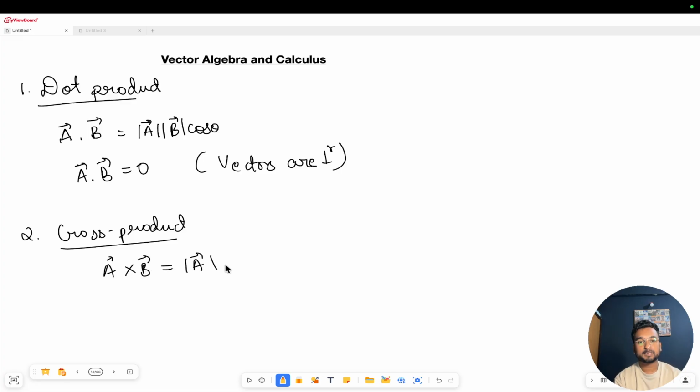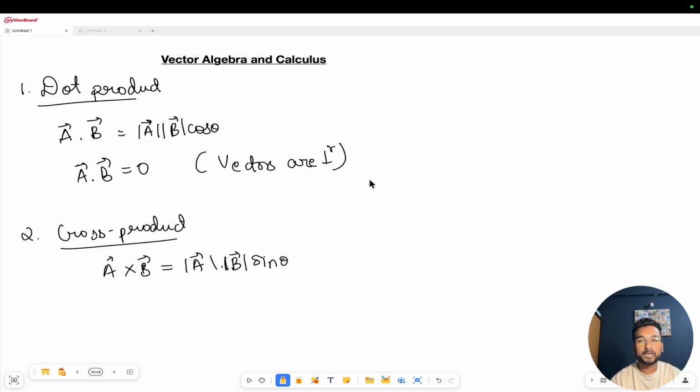Magnitude of a into magnitude of b sin theta. Okay, so from here you can calculate the area of the shape made by these two vectors originating from the same point.